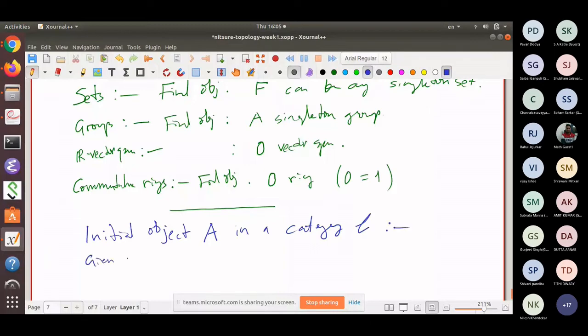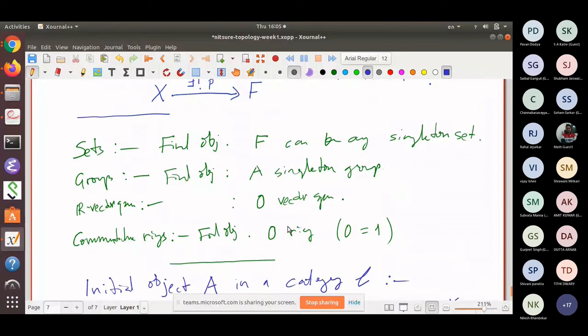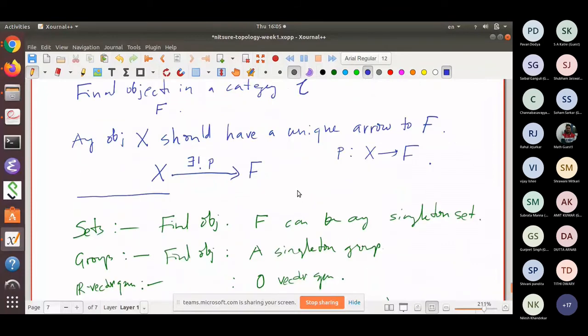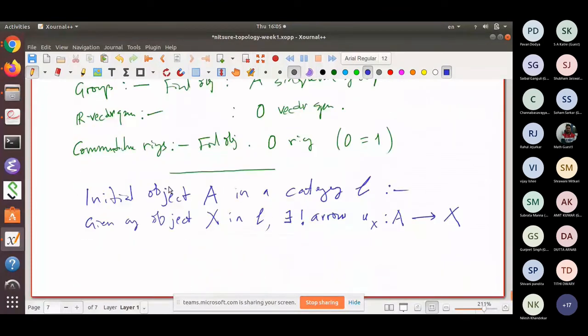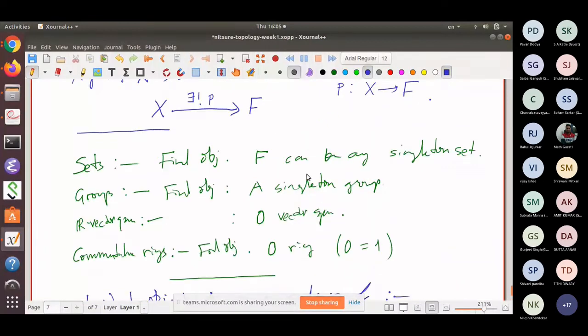Given any object X in C, there exists a unique arrow, let's call it UX, going from A into X. See what has happened: earlier X to F, instead here A to X. I have reversed the arrow.